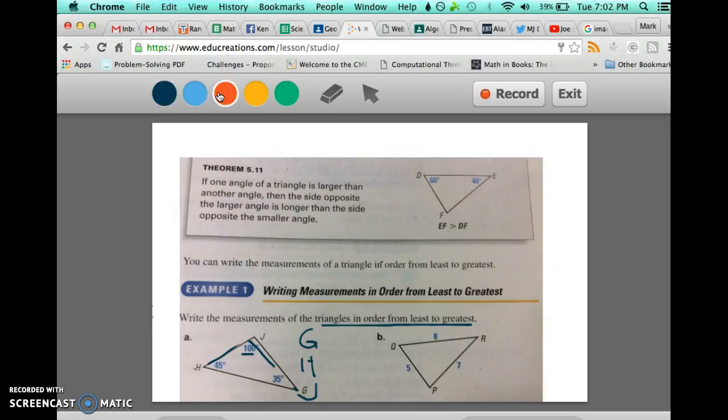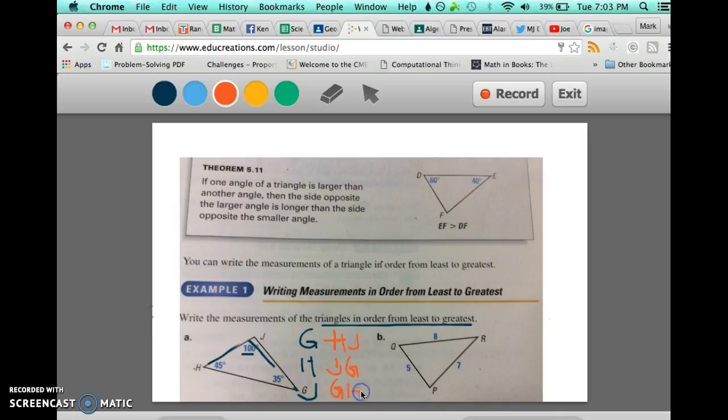But now we can say, okay, even without knowing what the sides are, I know that the smallest side is HJ. And the medium side is opposite H, so JG. And then the longest side is opposite J, so that's GH.